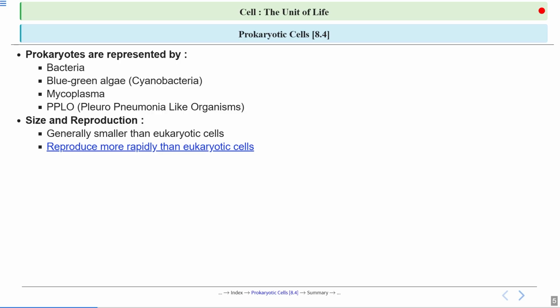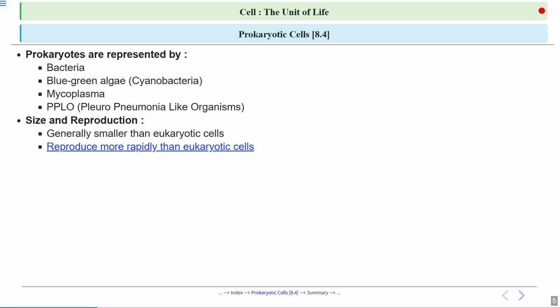Bacteria like E. coli have a doubling time of 20 minutes. So E. coli, that is a bacteria, that is a prokaryote, can reproduce very quickly. Eukaryotic cells divide slowly, like human cells, which divide in 24 hours.